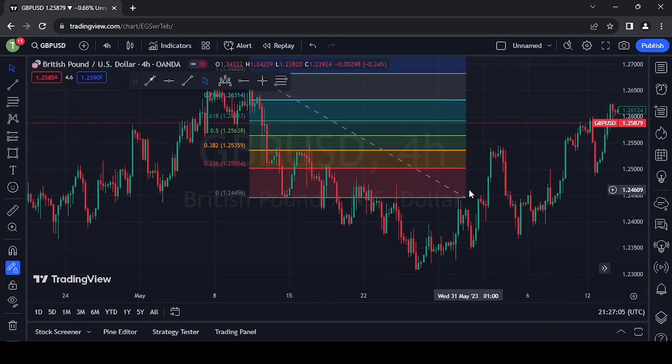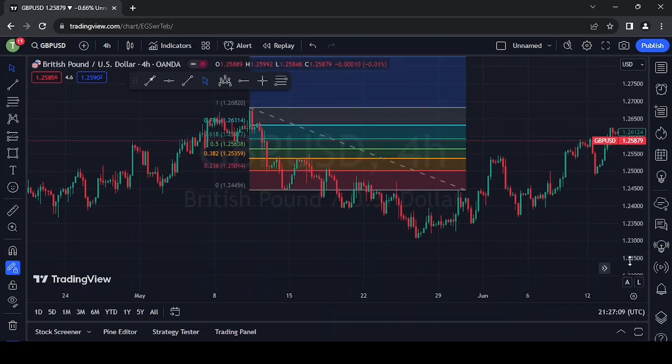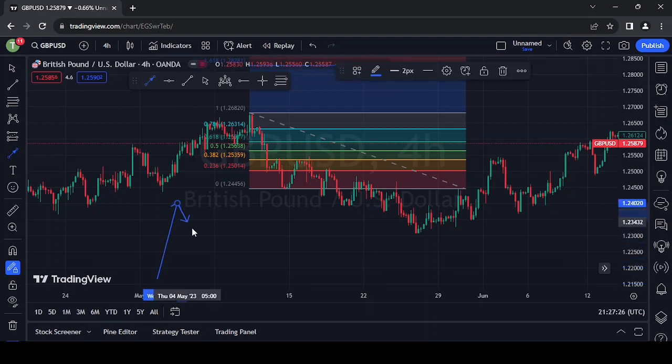Now I wanted to talk about expansion. This is how expansion works, so please pay attention. Impulsive move, then the correction, then the impulsive move. Brilliant.